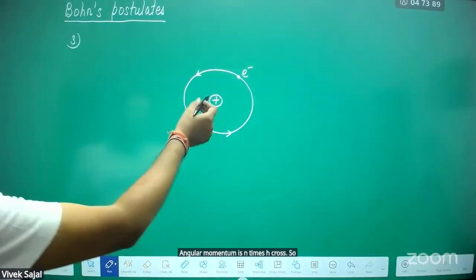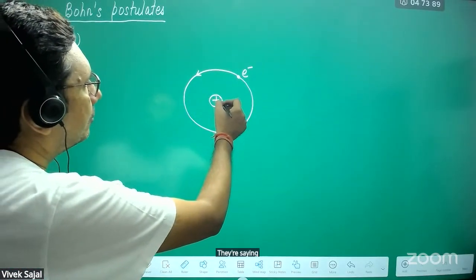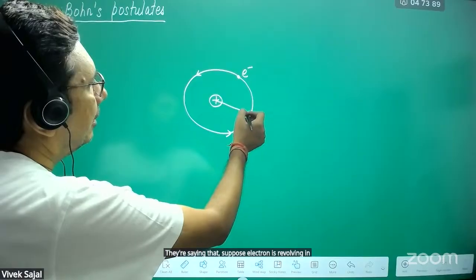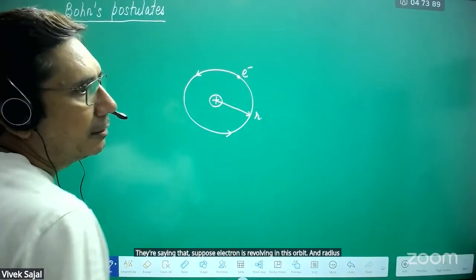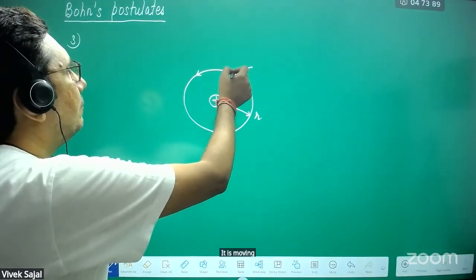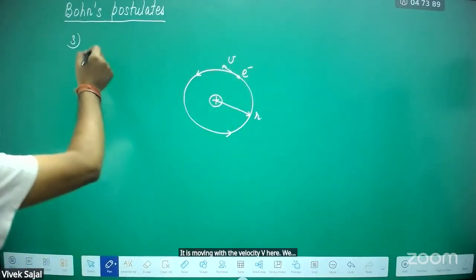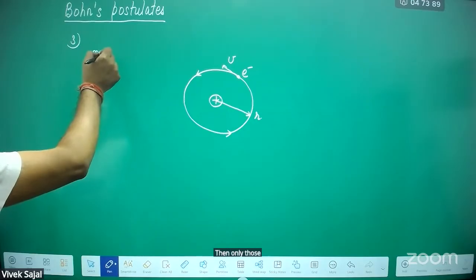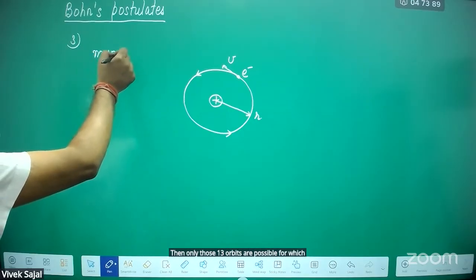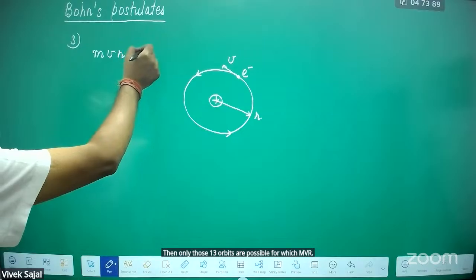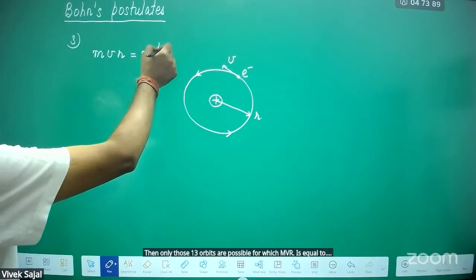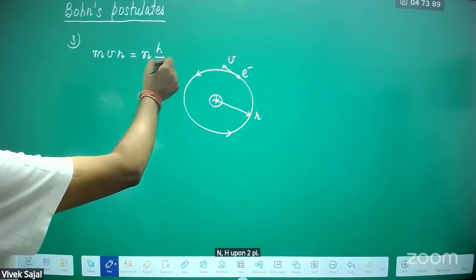Suppose the electron is revolving in this orbit with radius r, velocity v, and mass m. Then only those orbits are possible for which mvr is equal to nh upon 2 pi.